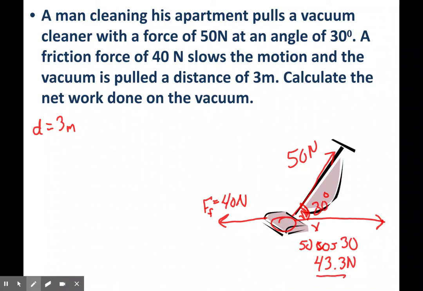So if we've got 43.3 going that way and 40 going the other way, our net force is going to just be 3.3 because we would subtract those two. So the net force is 3.3. So the net work would be 3.3 times 3, or 9.9 joules.